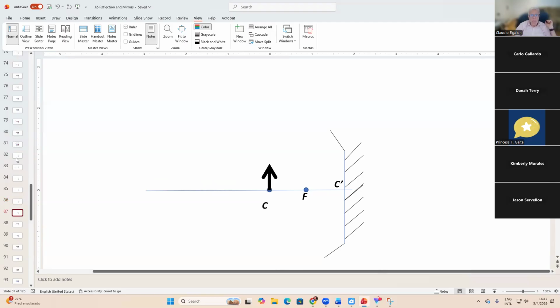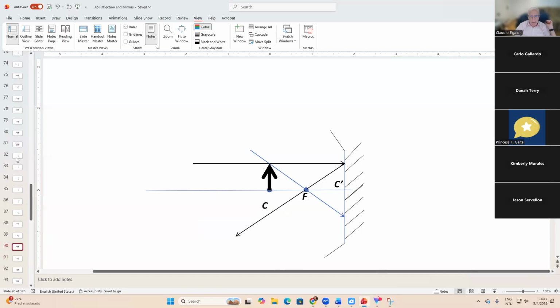The object now is exactly at the center of curvature. Here you go. Light ray parallel to the principal axis is reflected towards the focal point. Another light ray passing through the focal point is reflected parallel to the axis.